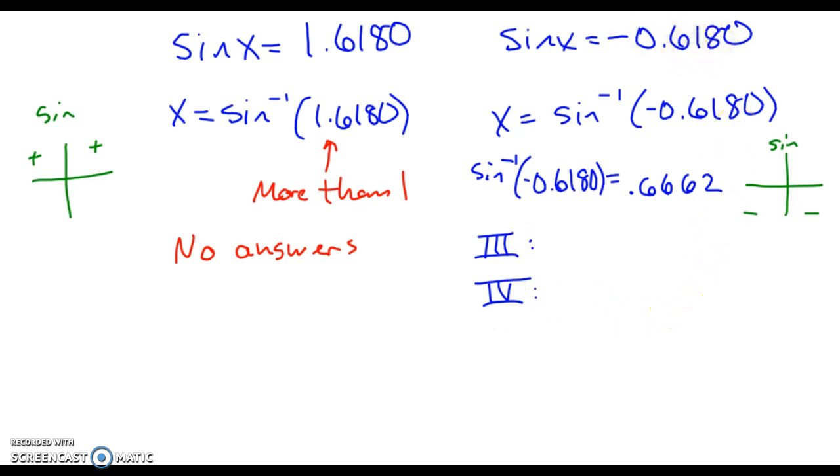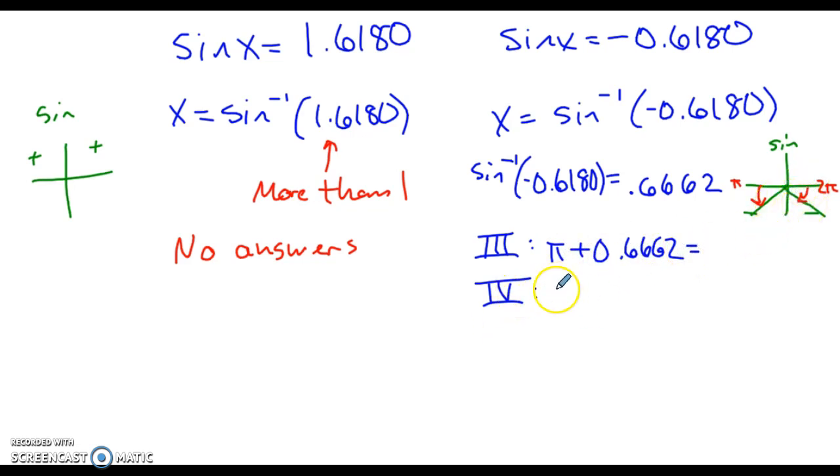You then need to take that angle and find your quadrant 3 and your quadrant 4 answers for that. So basically, what you need to do is take that reference angle and go that far past pi, and then here you need to go that far below 2 pi. So to get this answer right here in quadrant 3, you would do pi plus 0.6662, pi plus your reference angle.